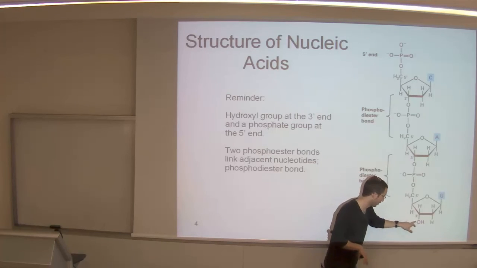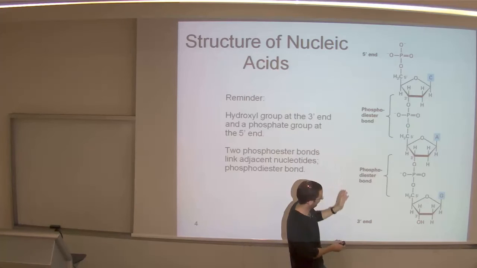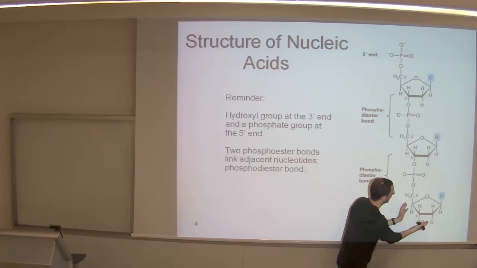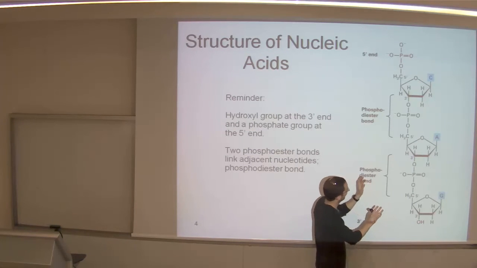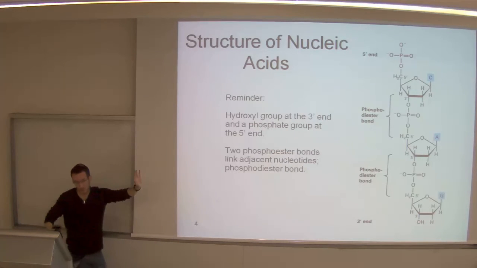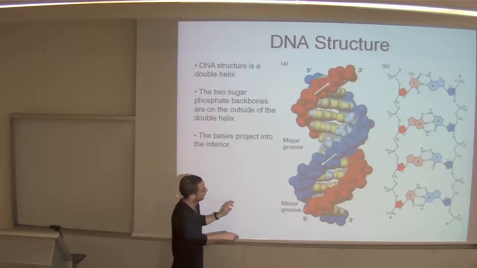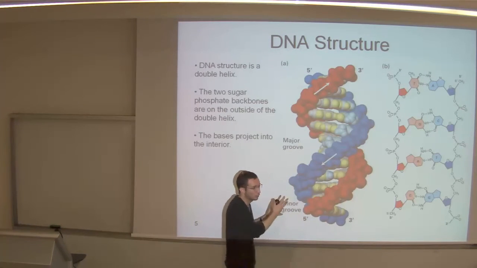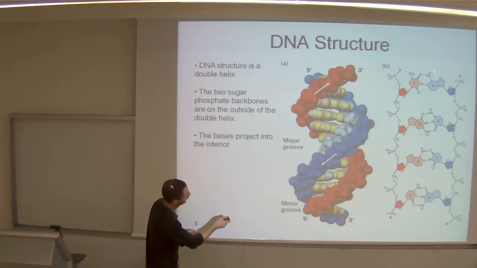One end is the 3' and the other has an exposed 5'. The nucleotides are all facing a certain direction and are not flipped back and forth along the molecule, so you have an orientation for each strand. The two strands are anti-parallel to one another. One goes up and the other goes down, in its direction from the 5' to the 3', and its adjacent strand from the 3' to the 5' end.